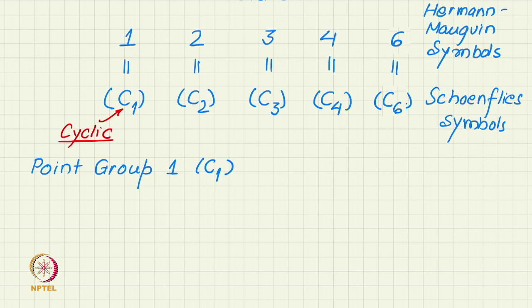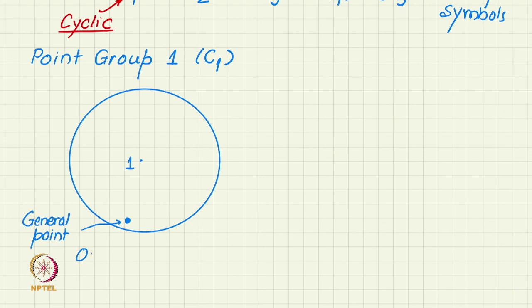So, if I have a point, this is what we call the general point. And then if I rotate it by 360 degrees, it will come to itself. So, there will be only one general point in this point group.